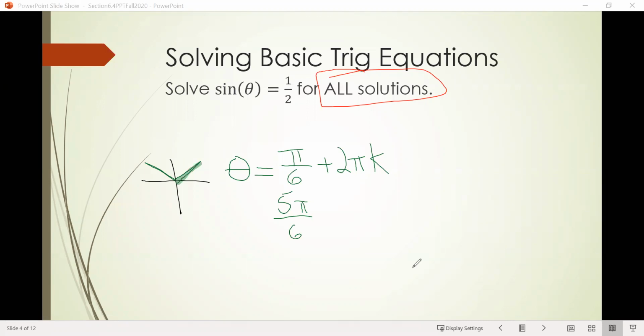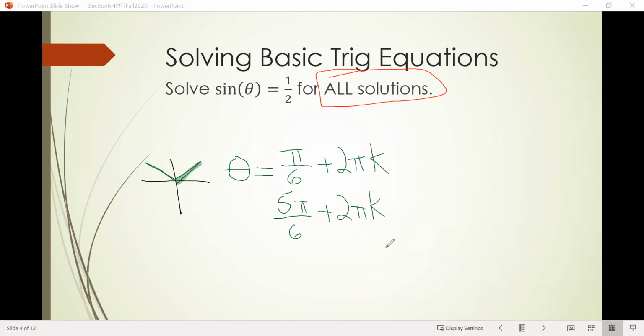And what that's telling us is to start at pi over 6, add as many values of 2 pi as you want, or subtract as many values of 2 pi as you want to get more solutions. And a similar thing will work for 5 pi over 6. If we add 2 pi k, then we will get more solutions.